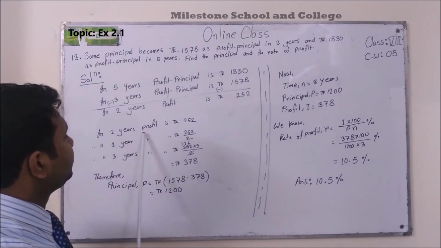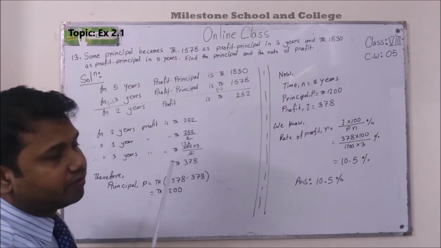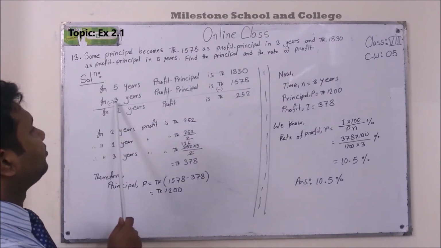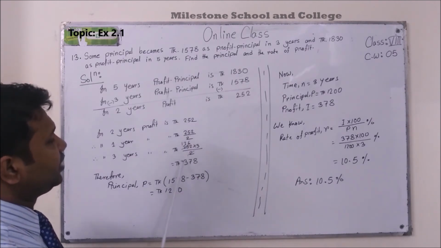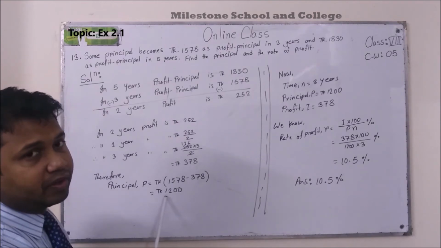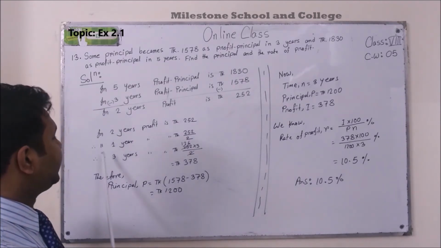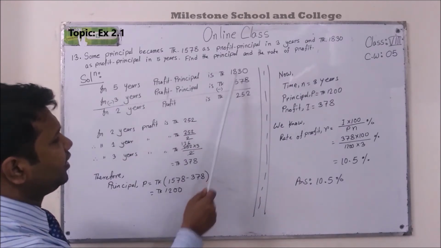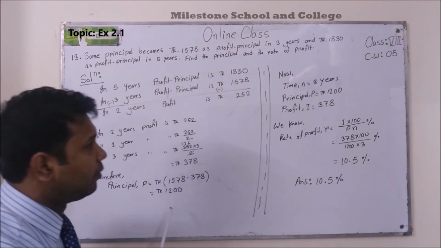So in 2 years profit is taka 252. In 1 year how much? In 3 years how much? Because from this 3 years profit plus principal we can subtract this profit so that we can get the principal. If you use the 5 years profit plus principal, you can subtract from there and you will get the same result, no problem about it.